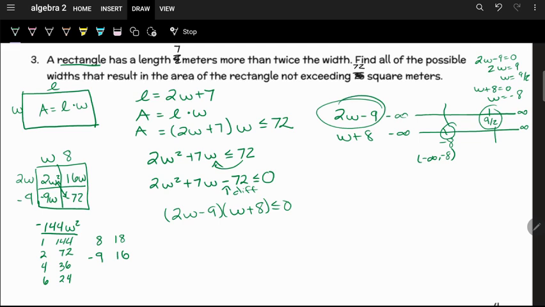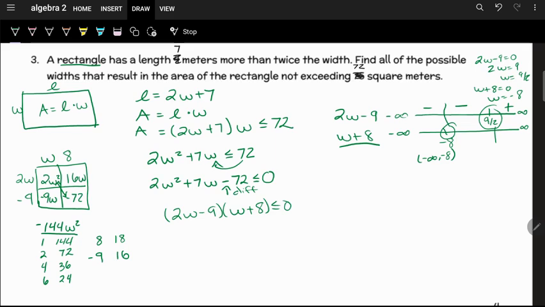For 2w minus 9, if we are less than 9 over 2, say if we're at 0, this is going to be negative. So we will have a negative. If we are greater than 9 over 2, let's say we're at 20, 40 minus 9 will be positive.